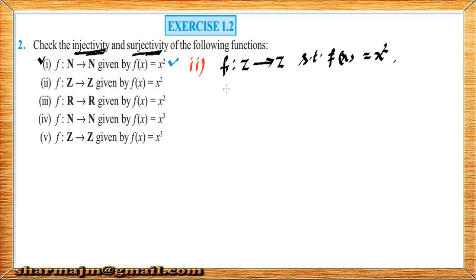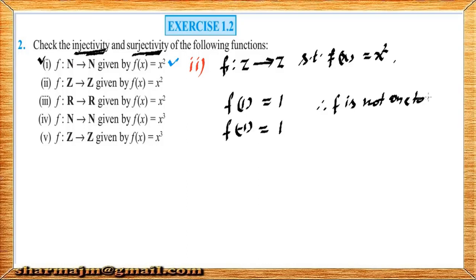Now here f of 1 is 1, f of minus 1 is also 1. Therefore f is not one-one. One contradiction is enough.